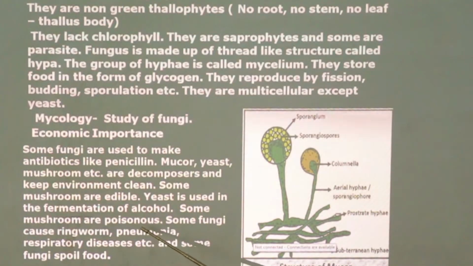Some mushrooms are edible, but some mushrooms are very poisonous, even causing death. So it is not wise to taste all types of mushroom. Some fungi cause ringworm, pneumonia, respiratory diseases, etc. And some fungi even spoil our food and cause food poisoning.